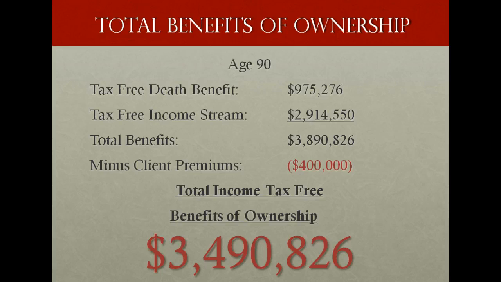So we have our total benefits of $3,890,000, minus the client premiums or the client contributions to the contract from age 45 to age 65 of $400,000. That leaves us with total income tax-free benefits of ownership of $3,490,826 at age 90.